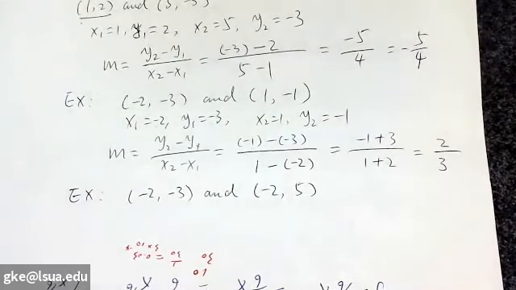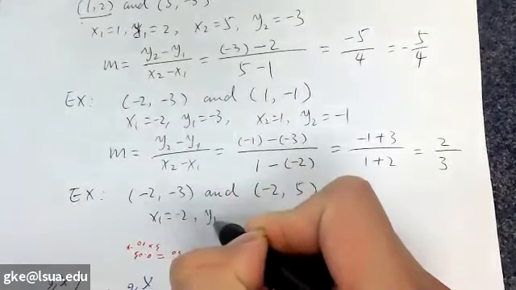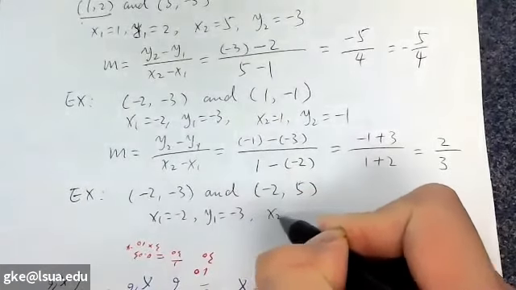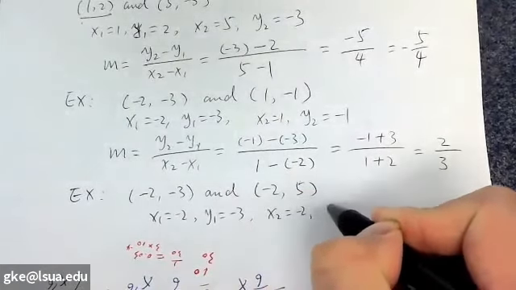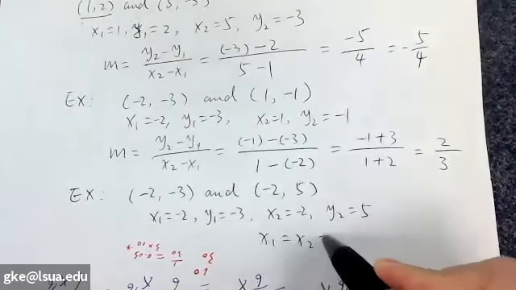Because you can see x1 equals -2, y1 equals -3, x2 equals -2, y2 equals 5. So x1 equals x2 equals -2.